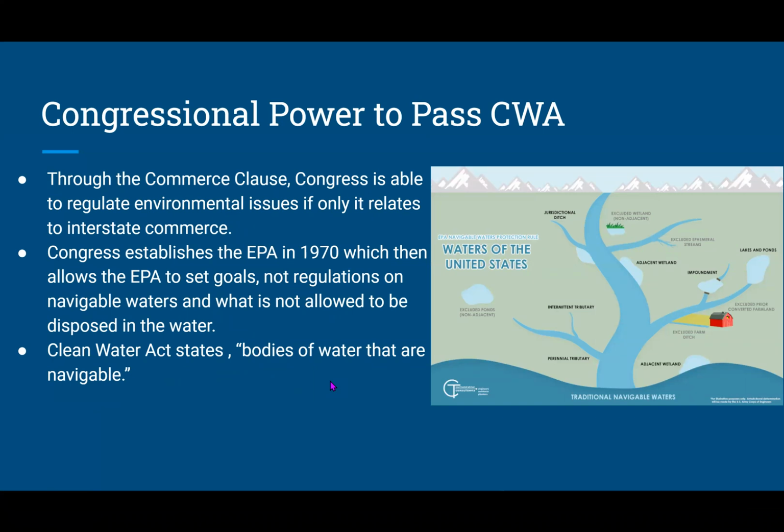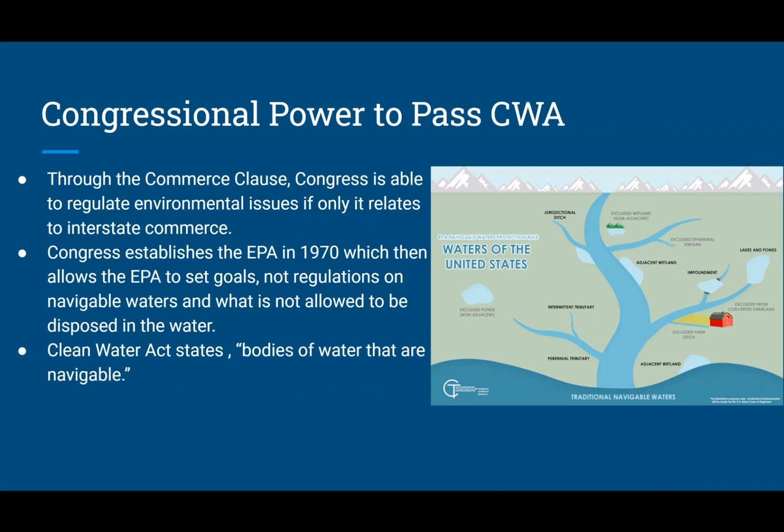So through the congressional power to pass the Clean Water Act, Congress was able to pass the Clean Water Act through the Commerce Clause due to it relating to interstate commerce. Congress establishes the EPA to help set goals on what is allowed on navigable waters, and not regulations.